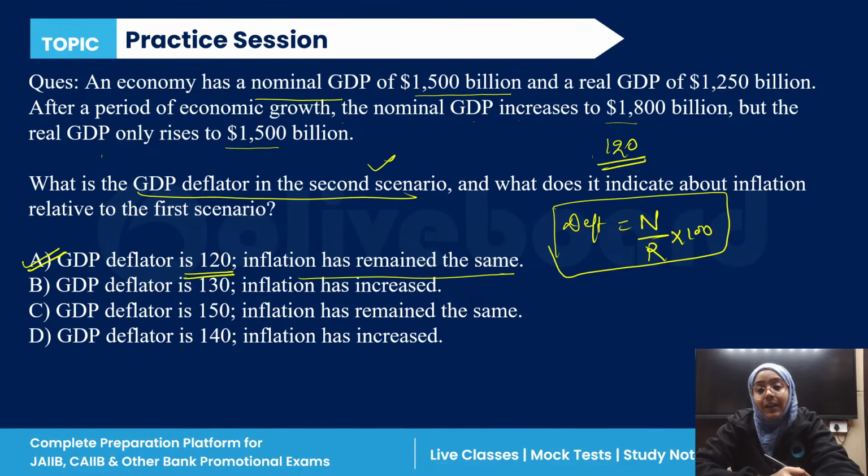So A is the correct answer. Yes, A is the correct answer. When it is coming 120 in both scenarios, it means it has remained unchanged. Clear? The correct answer is A. Done?